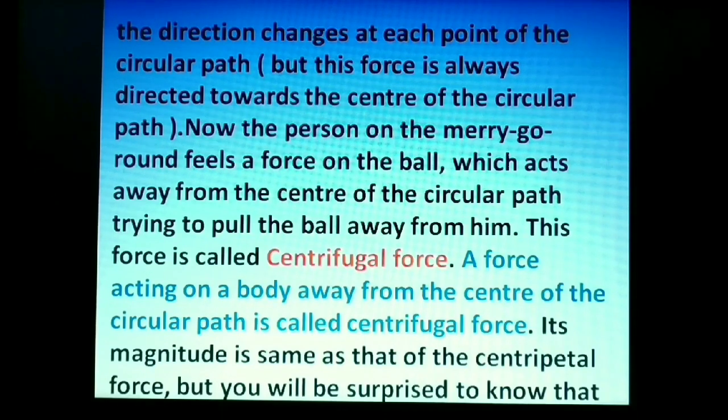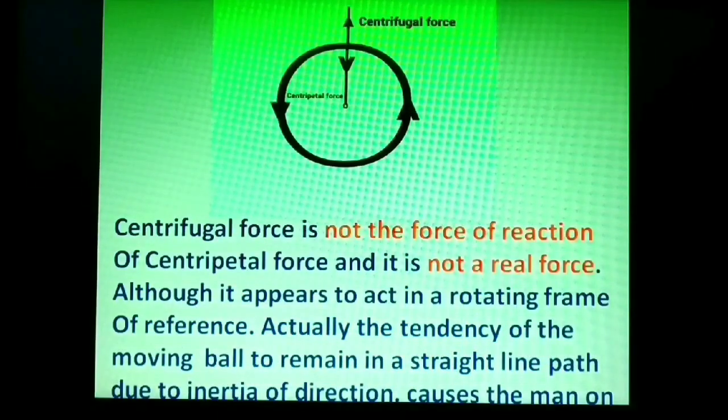Its magnitude is same as that of the centripetal force, but you will be surprised to know that centrifugal force is not the force of reaction of centripetal force, as it is not a real force, although it appears to act in a rotating frame of reference. And since the man is a part of the rotating frame, he experiences the centrifugal force. As you can see in the diagram, it is acting in just opposite direction to the centripetal force.